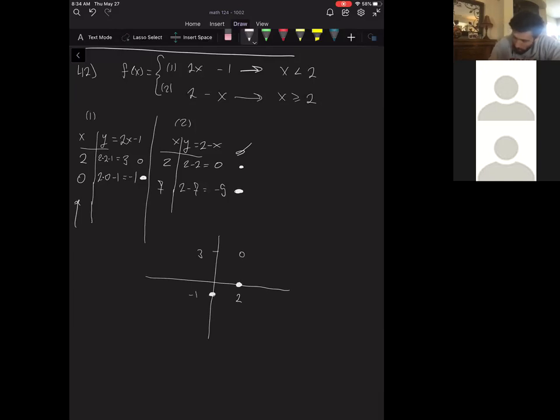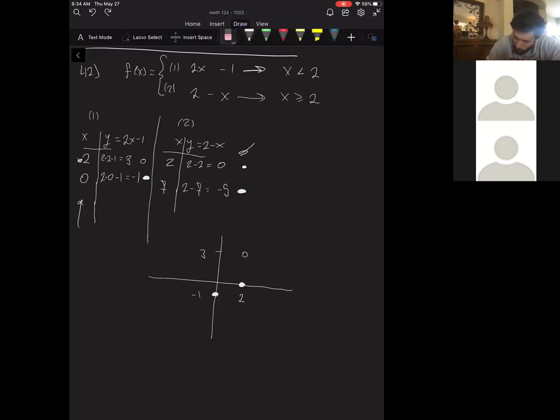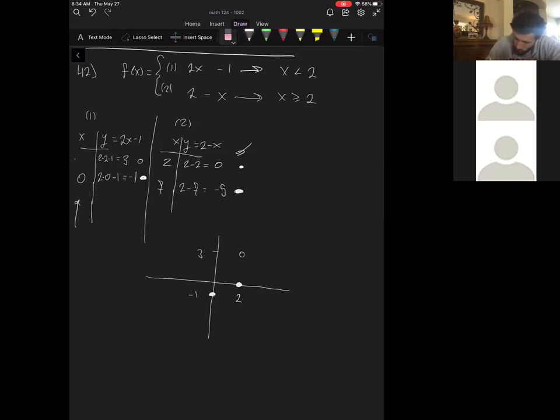And so we're connecting from this top point, from the point 2, 3 down to the point 0, minus 1.